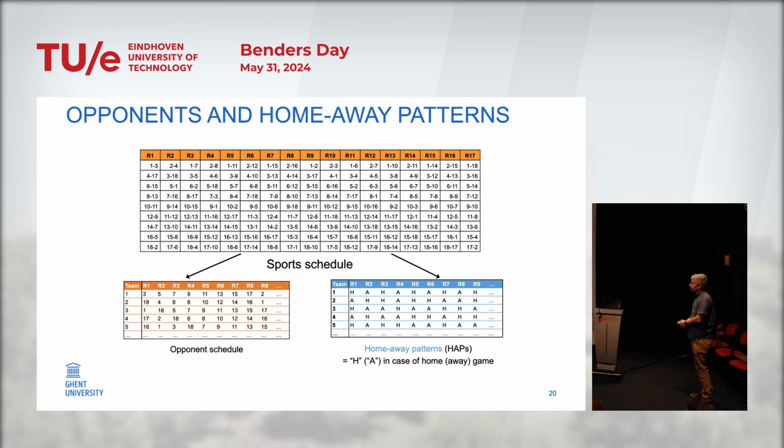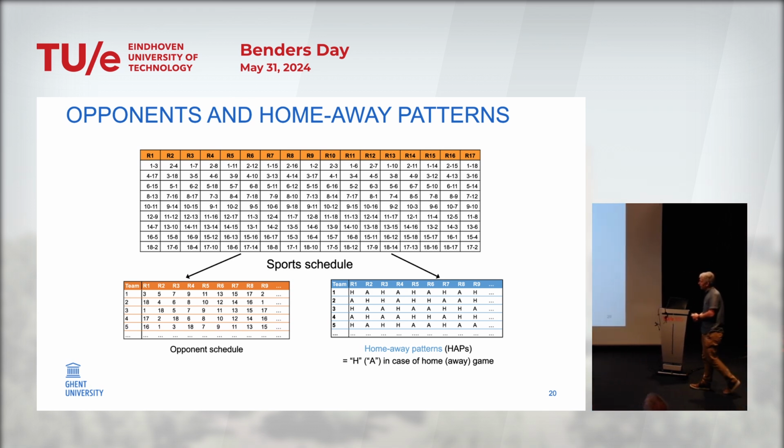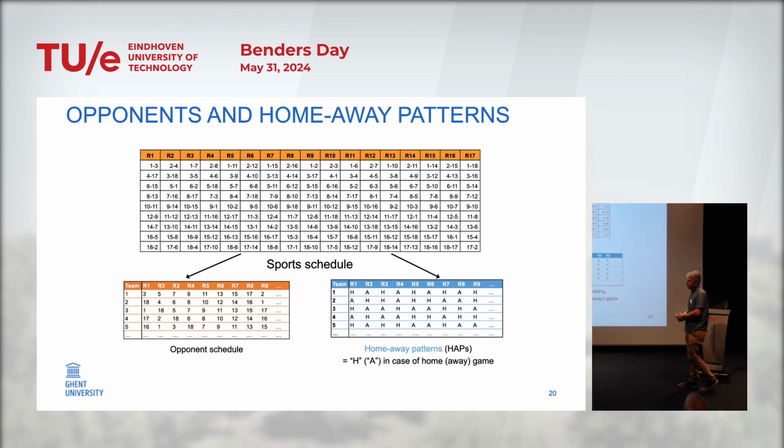Then what? Well, there is this insight that a schedule actually consists of 2 components, right? This here is a schedule. It tells you on round 1, team 1 plays at home against team 3, 4 at home against 17, and so on.